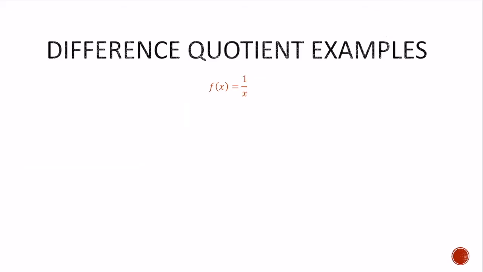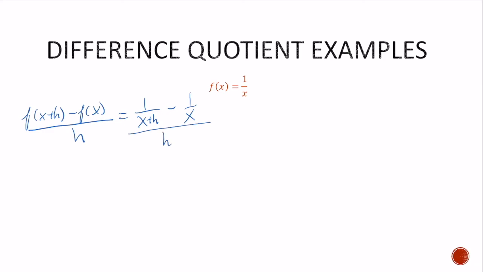Now I have f of x equals 1 over x. This is the reciprocal function. So let's take a look. I've got f of x plus h minus f of x over h. That's the key, and then it's all variable manipulation. So I have 1 over (x plus h) minus 1 over x. And remember, when I am adding or subtracting fractions, they have to have the same denominator.